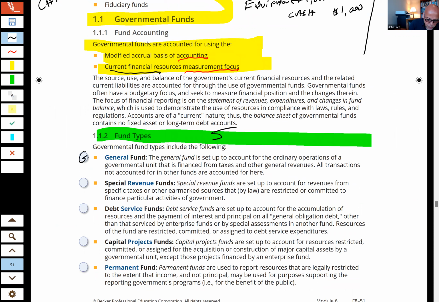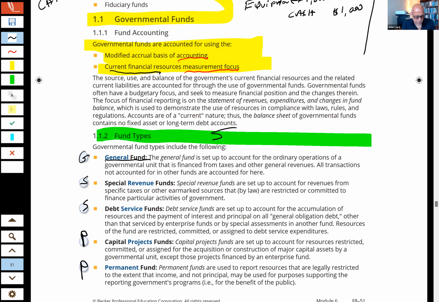We have the general fund. We have the special revenue fund. We have the debt service fund. We have the capital project fund. And we have the permanent fund. Okay. That is pronounced, not C there, but P. That is pronounced, and not, come on, John, not D, but S. That is pronounced grasp.